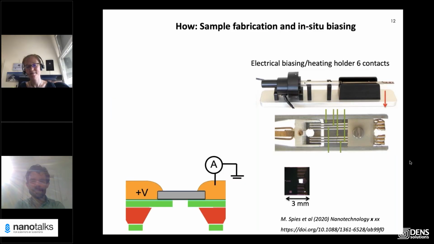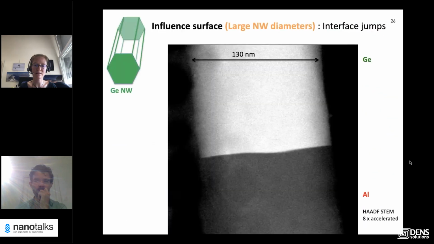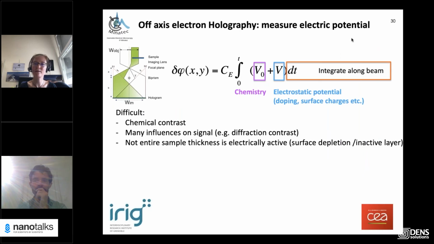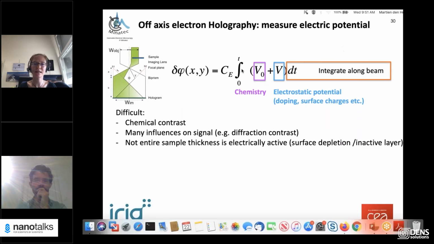All right. And my colleague Dan Zhu asks, is there any influence of the sample thickness on holography results? Not the membrane thickness, the sample thickness. Yeah, definitely, because your phase signal is directly proportional to the thickness of your sample.